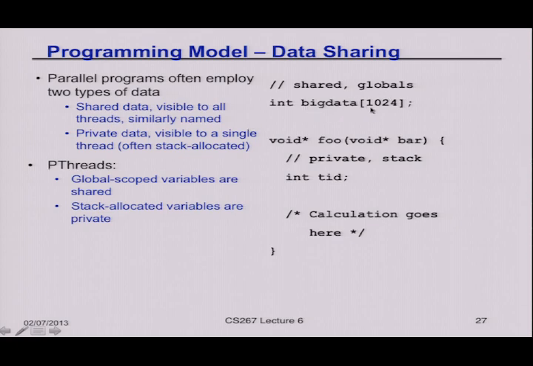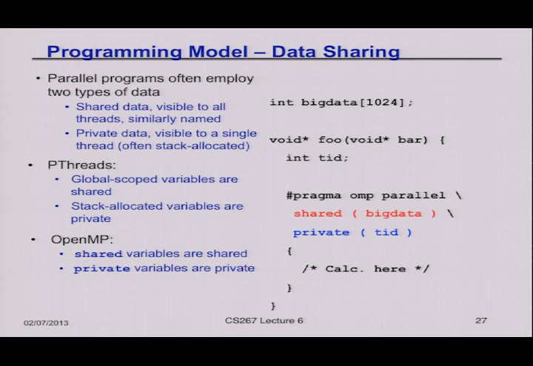If I declare a variable like big data, which is popular these days, at the top level in the main routine, that's automatically shared. If it's globally scoped, it's shared by everybody who's within that scope. But then inside this subroutine, which I could have many copies of running in parallel, if I declare something in there, it's private, just automatically. And so that might be my loop index. So that's how Pthreads does it.